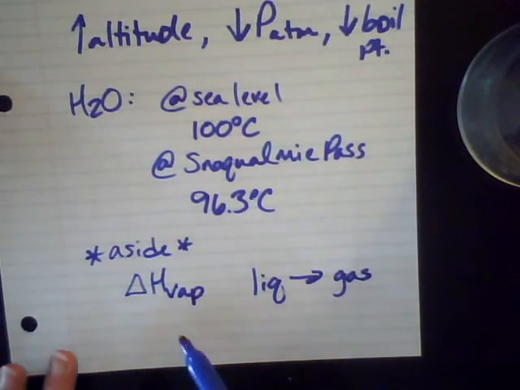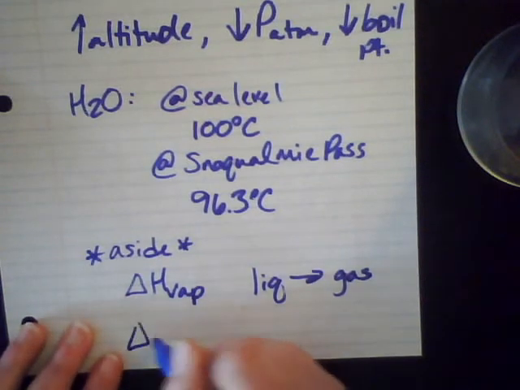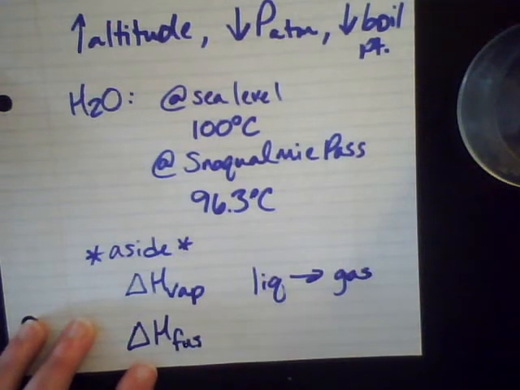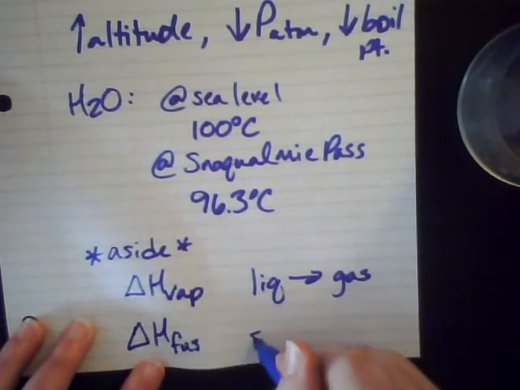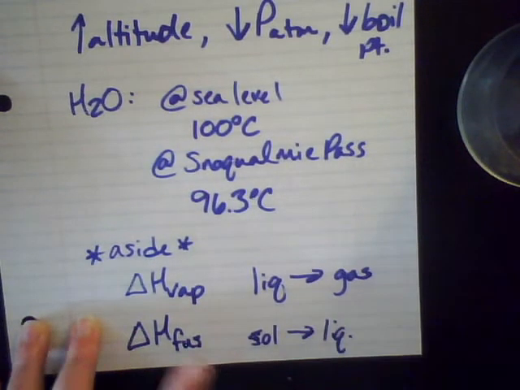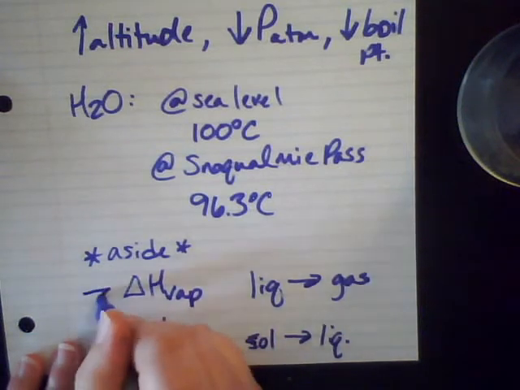Now, this heat of vaporization is always going to be larger than the heat of fusion. Remember that this is the enthalpy of fusion, which is the amount of energy that it takes to go from a solid to a liquid. Okay, so always this heat of vaporization is going to be larger.